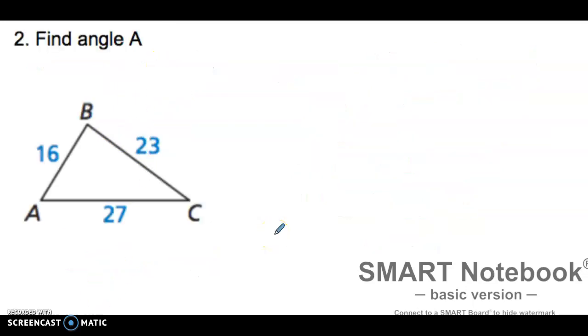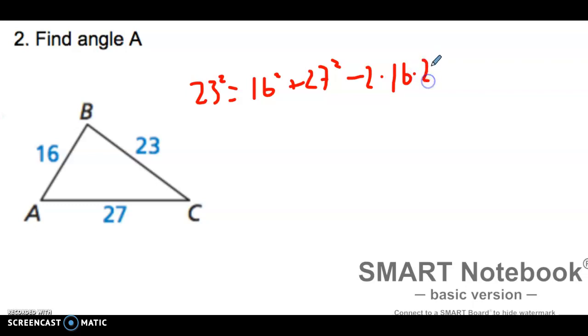Number 2, the directions say to just find angle A. So angle A is what we're looking for, so I'm going to use the formula that has A squared. So it's going to be 23 squared equals 16 squared plus 27 squared. And you should always show your work on this because you just never know where you're going to forget and put the wrong number down, or make a tiny little mistake.